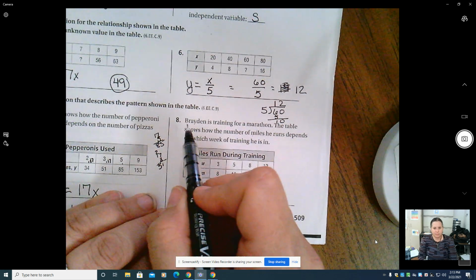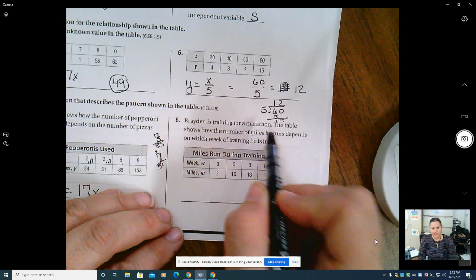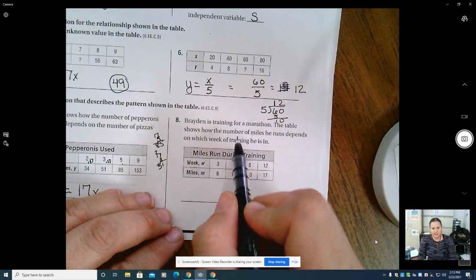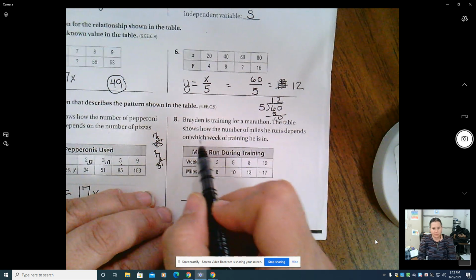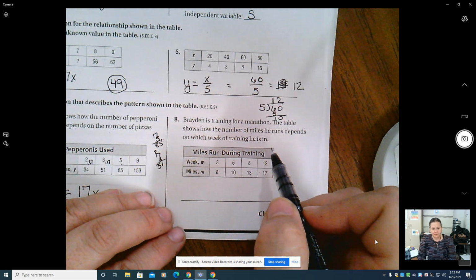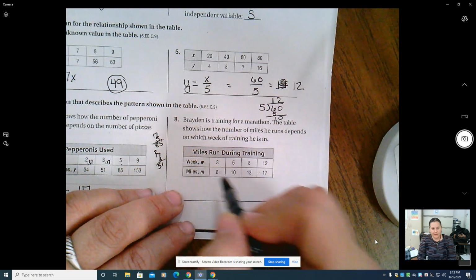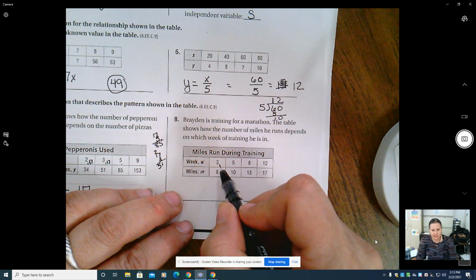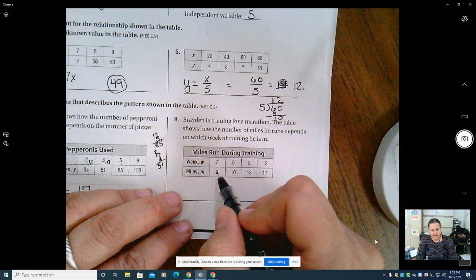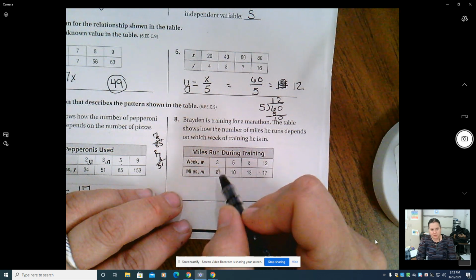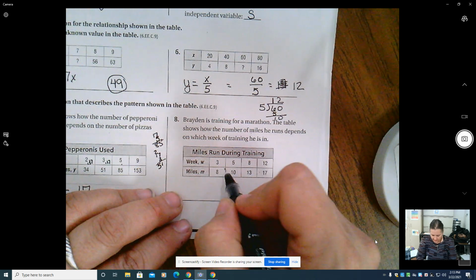All right, so Braden is training for a marathon. The table shows how the number of miles he runs depends on which week of training he is in. So I had to look for a pattern here, and I noticed that I couldn't multiply 3 times 2 to get 8, and I couldn't multiply it times 3 to get 8. So I tried adding.